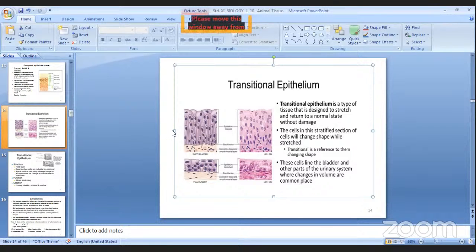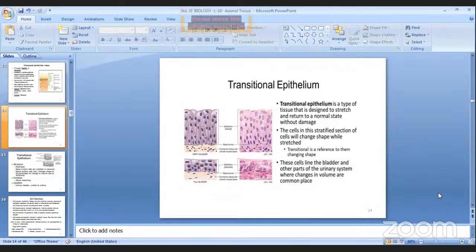It works like an elastic. The cells in this stratified section will change shape while they are stretched. This is in a relaxed condition, and these cells are in a stretched condition. These cells line the bladder and other parts of the urinary system, where changes in volume are common.